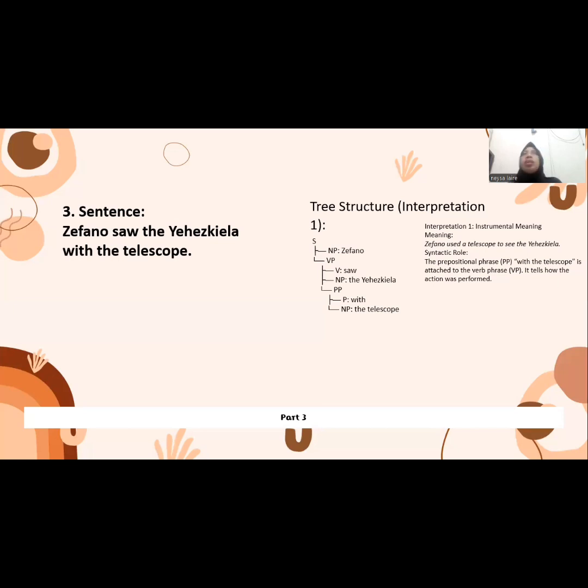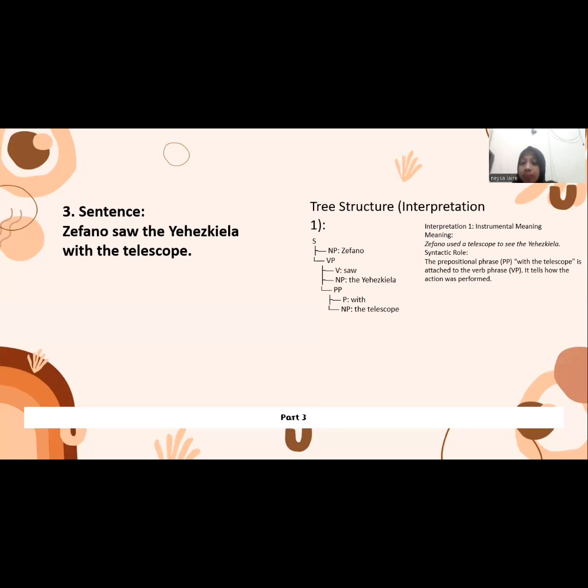Stefano showed the girl who had or was associated with the telescope. Syntactic rule: the prepositional phrase (PP) with the telescope is part of the noun phrase (NP). It modifies the girl. Analysis.